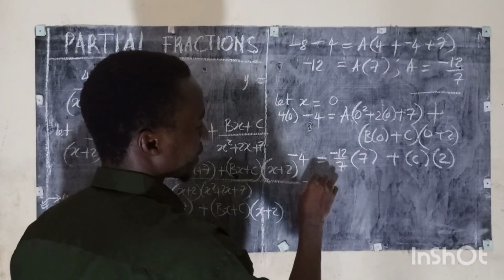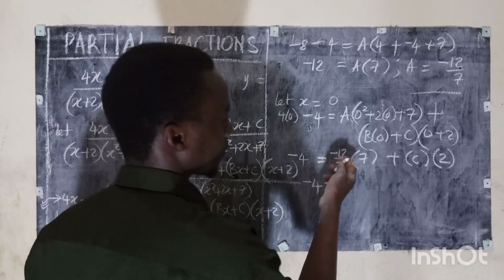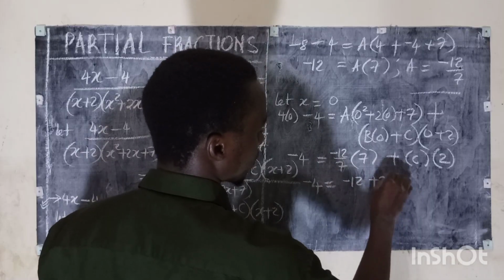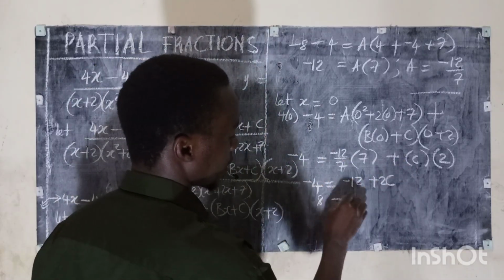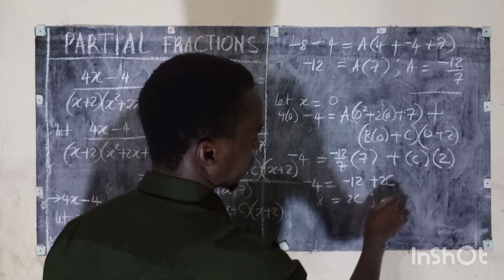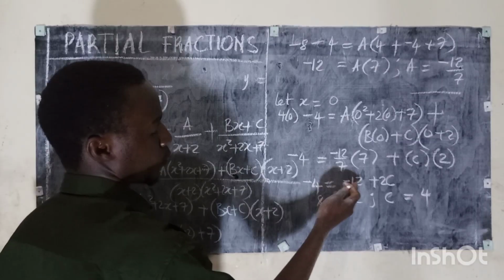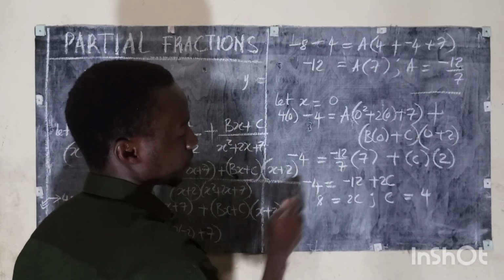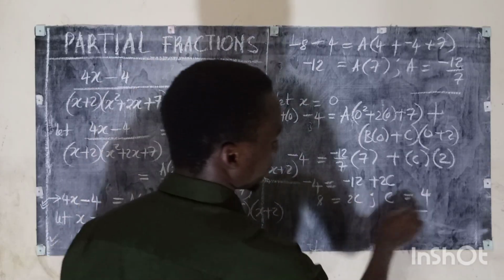After getting your c, let us try getting it. This will cancel, negative 12 plus 2c. This coming this side, it turns out to become 8 plus 2c. So our c is a 4. This comes this side, becomes a positive 12, which reduces with this to this.